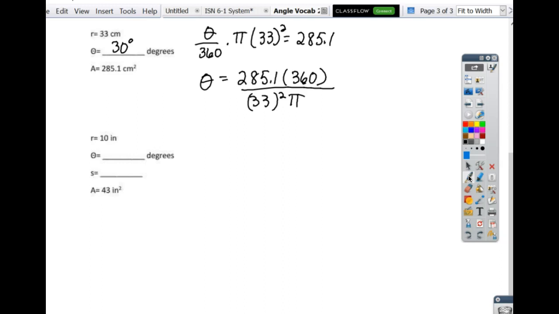No. But I have an A and an R. So we have to find the theta using the A formula, right? We don't have the theta. So give me which one is the area with the radians, because it's shorter.